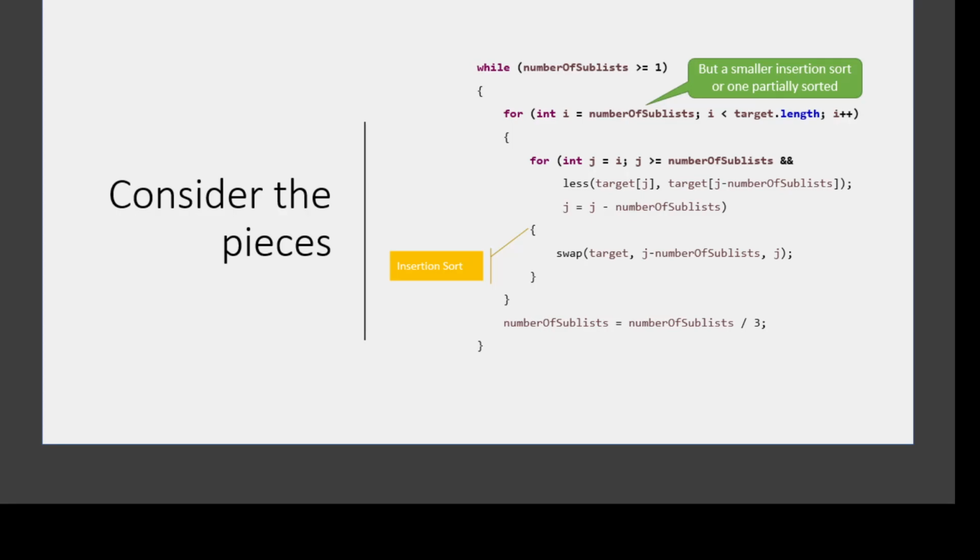When we get the partially sorted list and we use that in small numbers, we don't necessarily have the very big slowdown of the big numbers. So instead of using an insertion sort on a big data item, if we can use a series of insertion sorts on small data items that are partially sorted already, instead of being closer to the n squared performance, we can get closer to the linear performance of the algorithm.